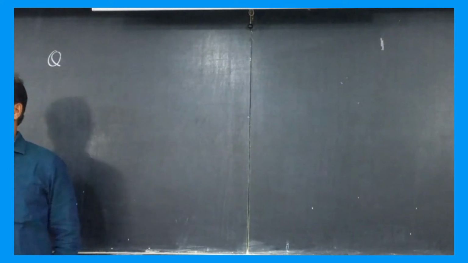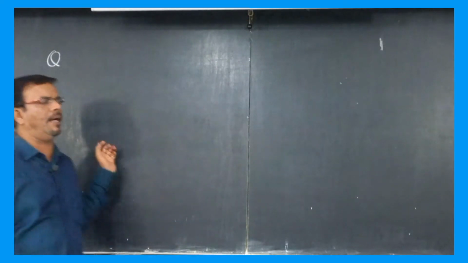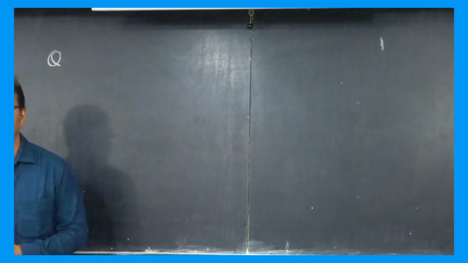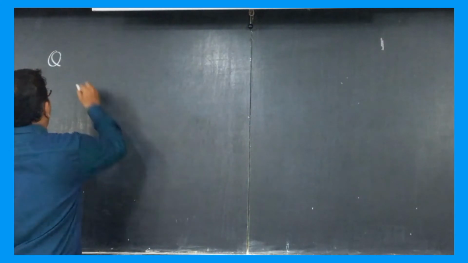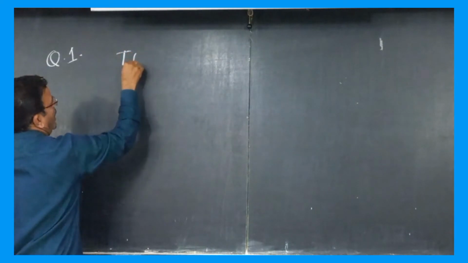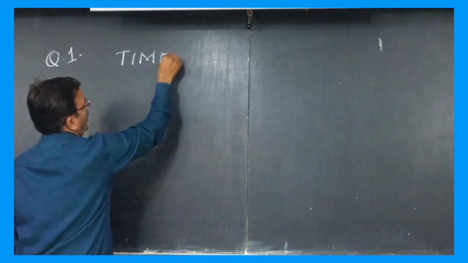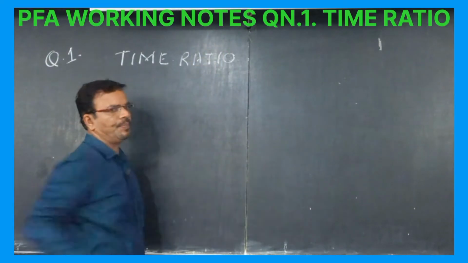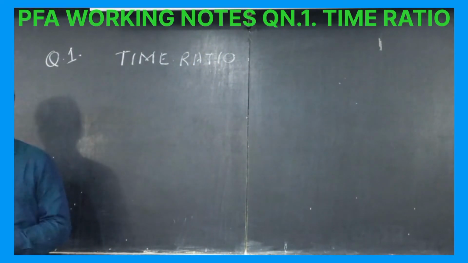Now let's do all types of working notes in question number 1 under the partnership final account. First, the working note about the time ratio. Time ratio is very important. In each and every case you have to find the time ratio. Why do we have to find the time ratio?